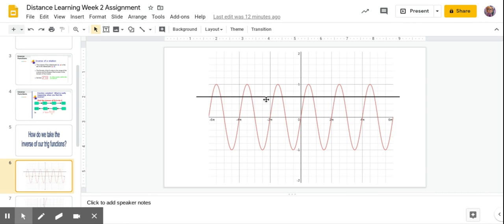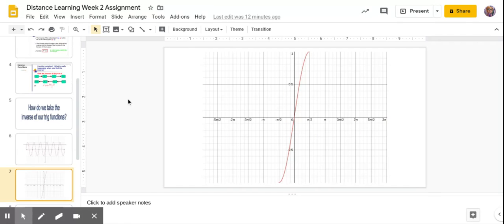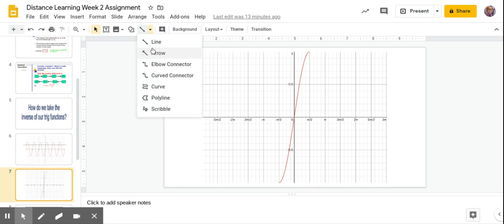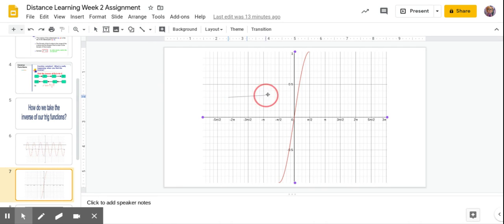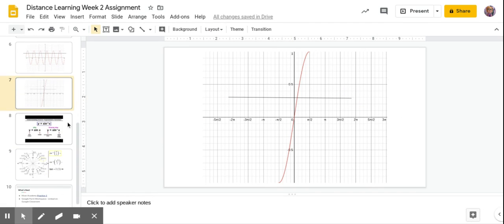Because with sine and cosine, you intersect at many points horizontally, you technically can't take the inverse, which is why we're going to talk about a restricted domain, and we're only going to look at sine from negative pi over 2 to pi over 2. In this case, because we're restricting the domain, we can take the inverse, because if I draw a horizontal line through it, it only intersects at one point.